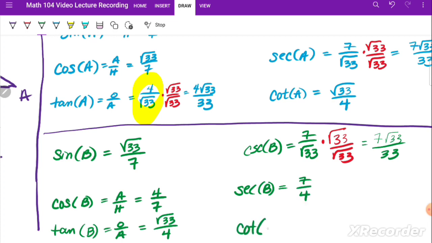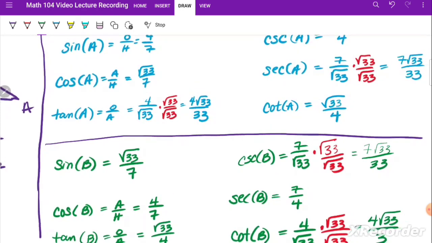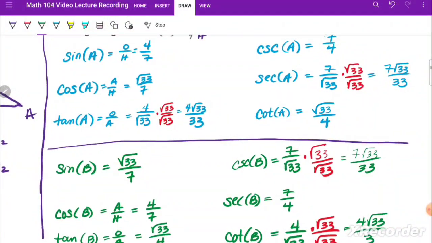And then cotangent of angle B, our reciprocal, 4 over square root of 33, which we'll rationalize. We get 4 square root of 33 over 33. SOHCAHTOA. It's just an extension of our original trig definitions.